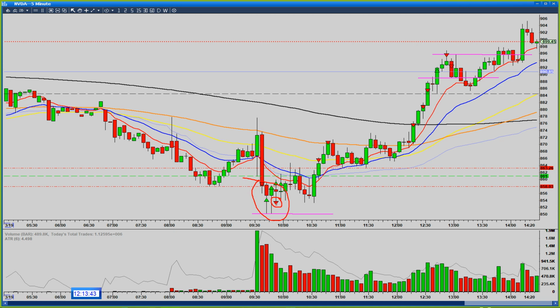Dumb. I bottom ticked this candle because as soon as I got in, it got bought back up, stopped me out, and then came back down. So yeah, I'm highly frustrated now.